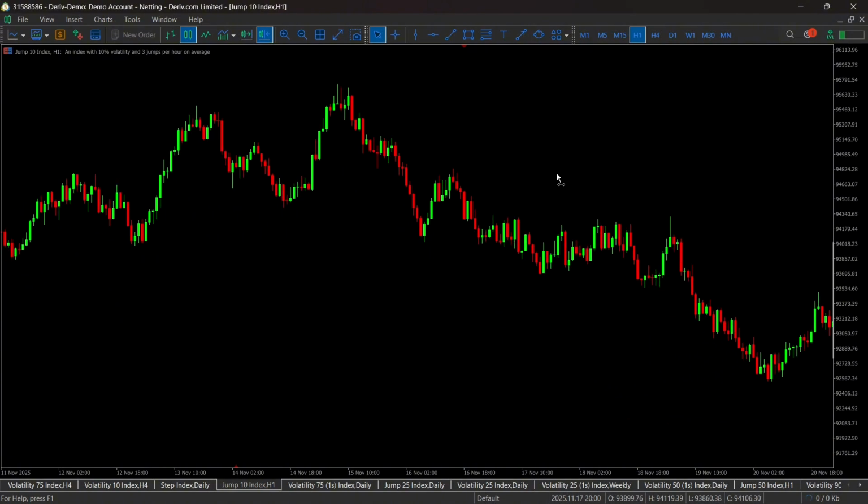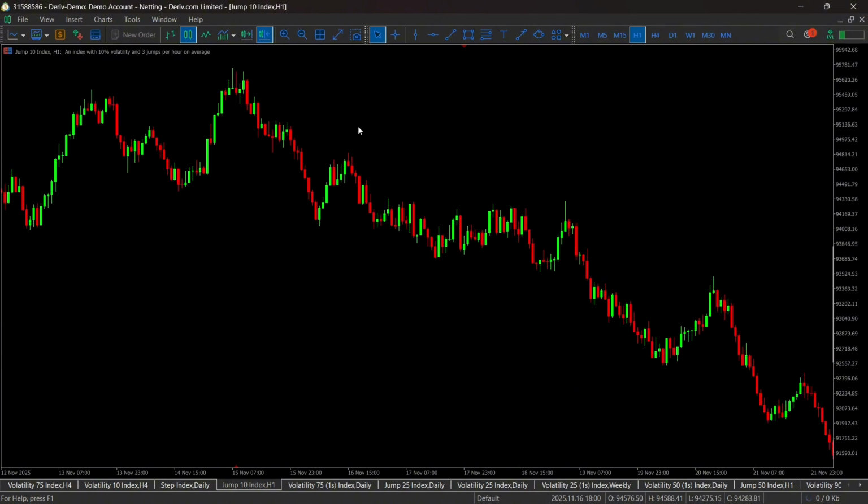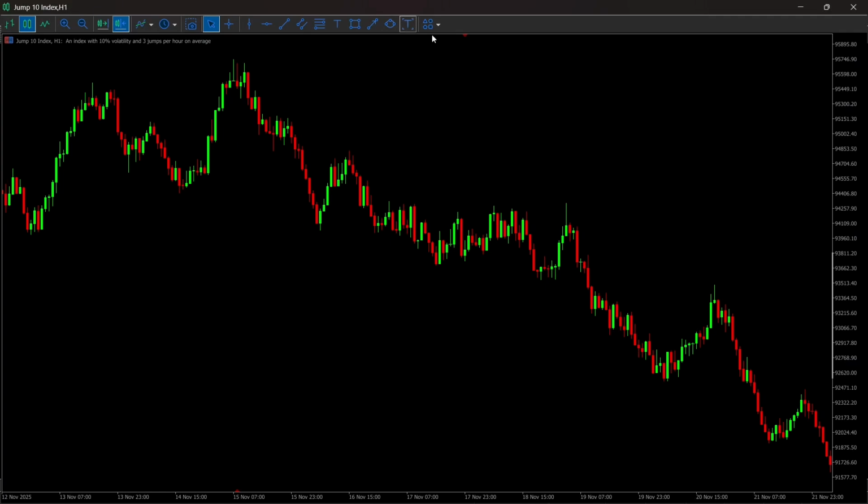Okay, this is an example of a downtrend. The market was heading up before, then it dropped down, created a lower low which was lower than the previous low. Let me mark that out. This was our last low.